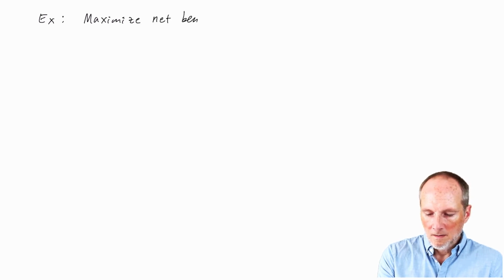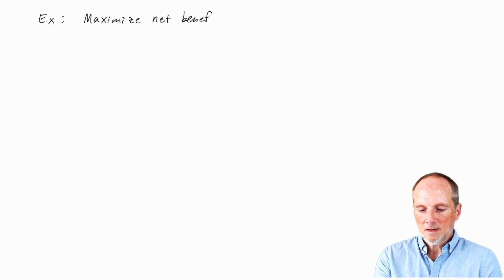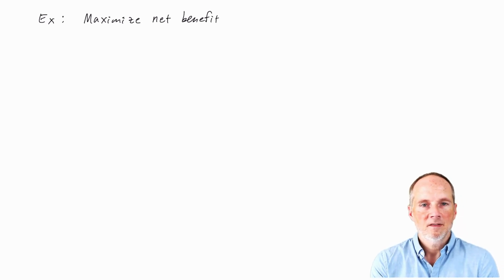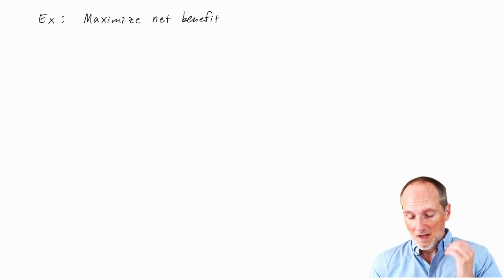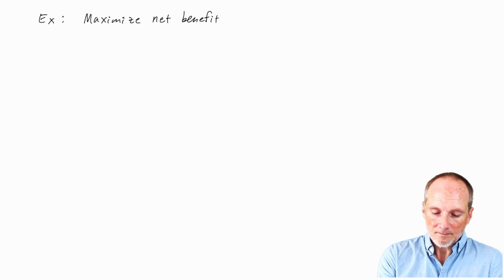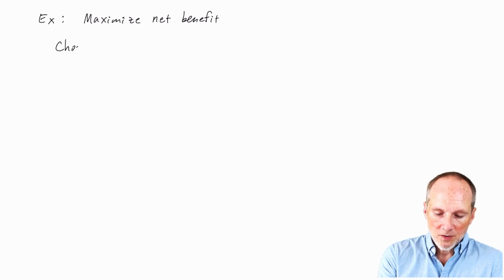So let's elaborate on that just a little bit and think about a social sciencey problem where we're going to choose the scale of a project to maximize the net benefit of that project. Okay, so this is an applied kind of problem. So in a cost-benefit problem, we're going to choose a scale of the project.